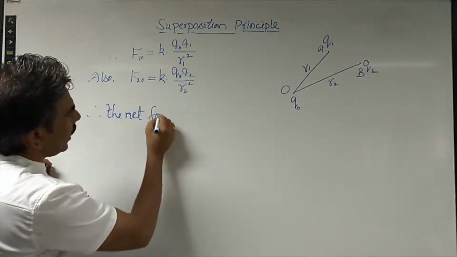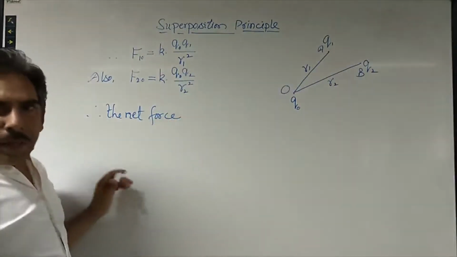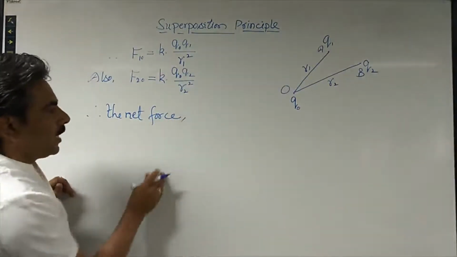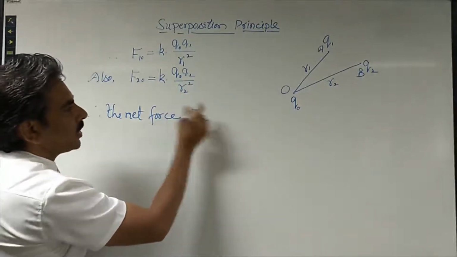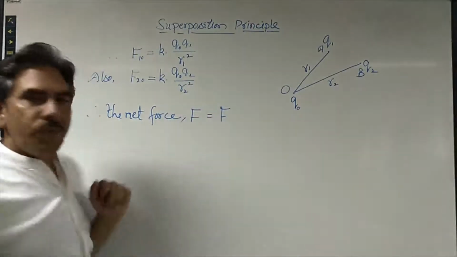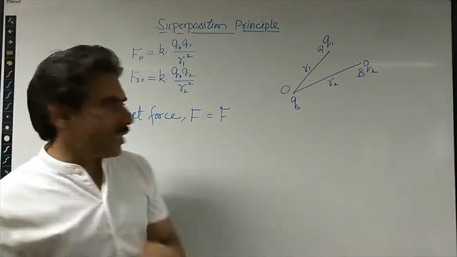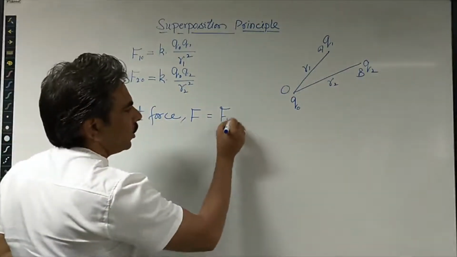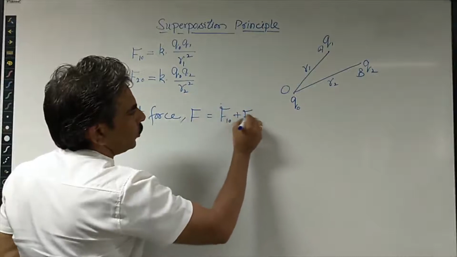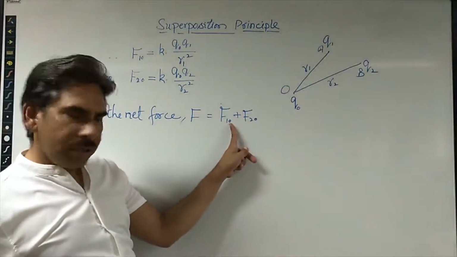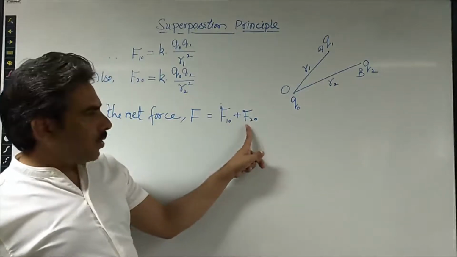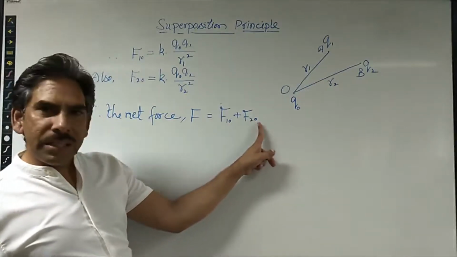So the net force we can write according to the principle of superposition, which says that the net force F is given by the sum of the forces exerted by individual charged particles, which is F10 plus F20: the force exerted by the first charge on the given test charge Q naught and the force exerted by charge Q2 on the given test charge Q naught.